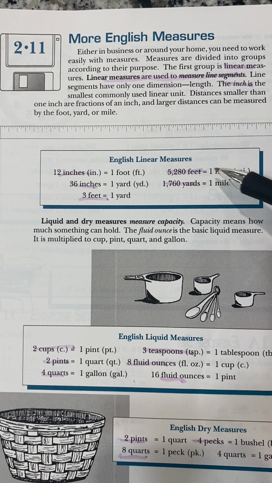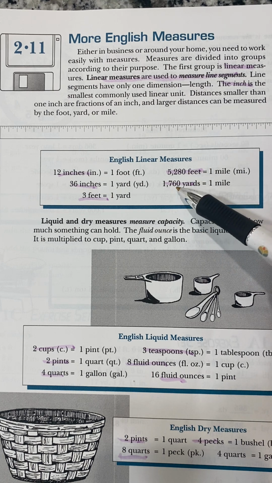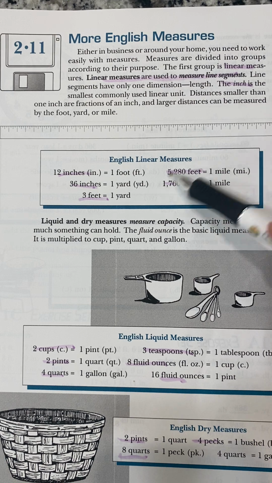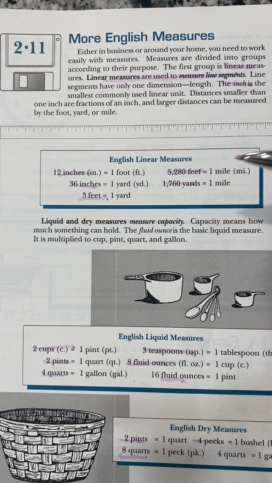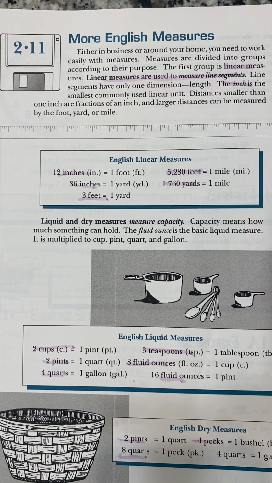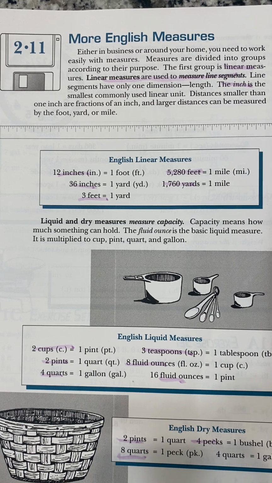And you can divide this number, 5,280, by 3, so you have 1,760 yards in a mile. So these are the ones you need to know for linear measurements. This measures linear, how far. This is not volume and not area. So on to the next.